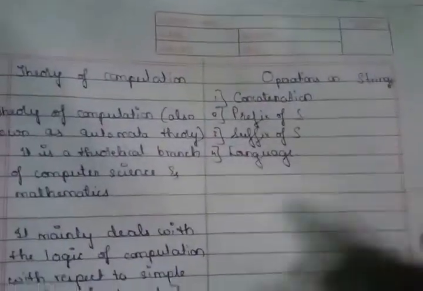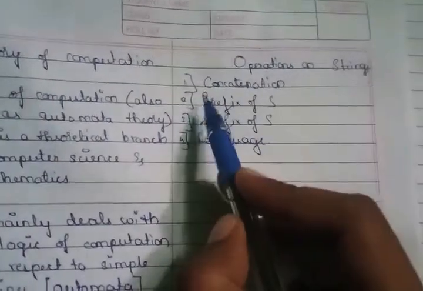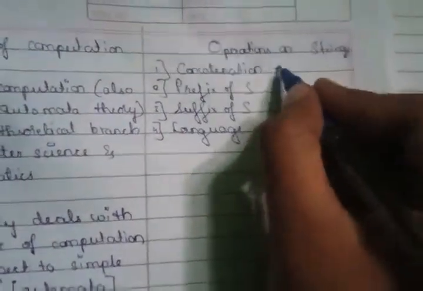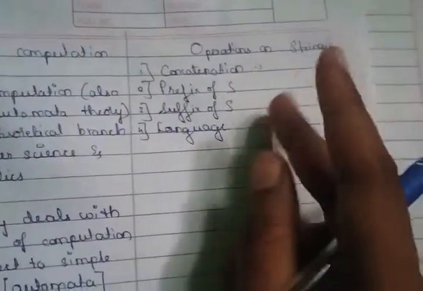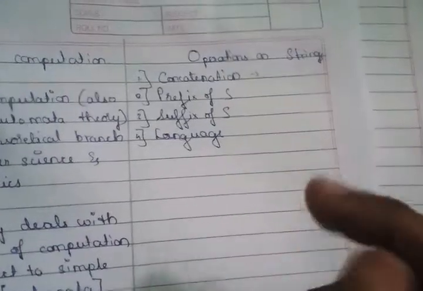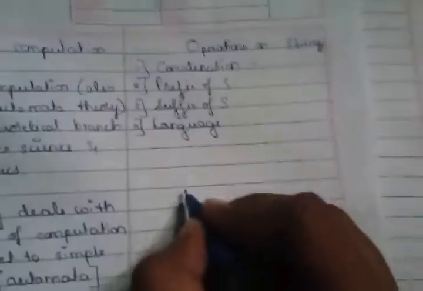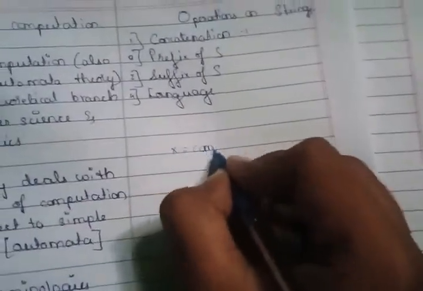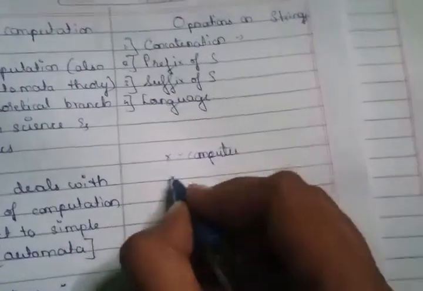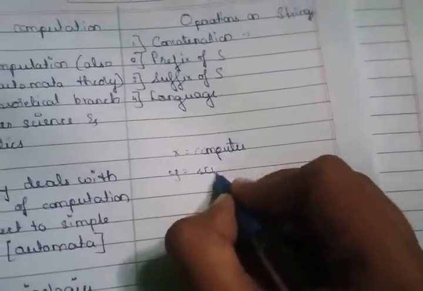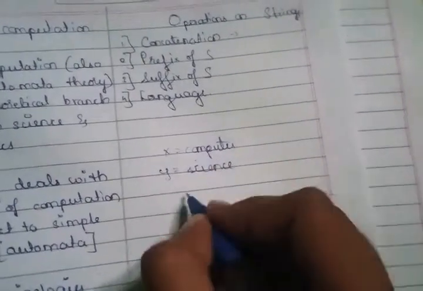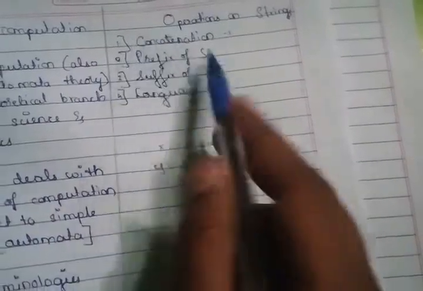Next, operations on strings. Concatenation is nothing but combining two different strings as one. For example, if X is equal to computer and Y is equal to science, the concatenation of both these strings is what we consider as concatenation.